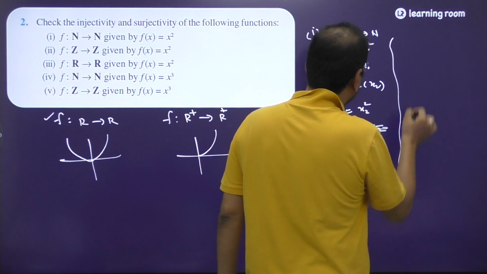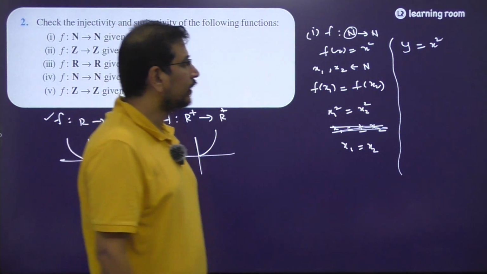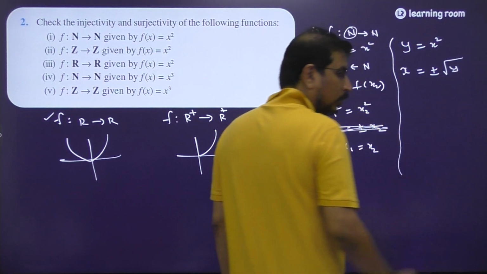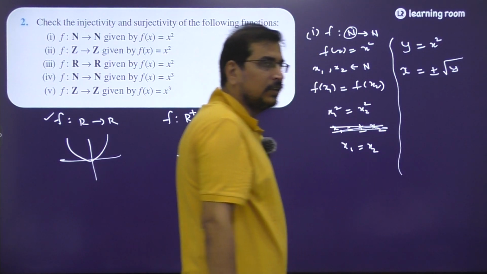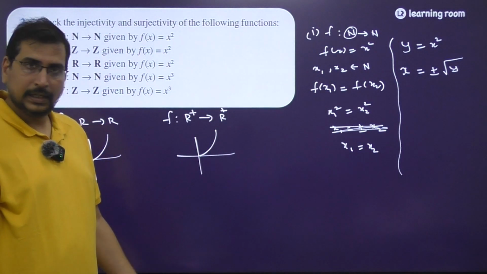Then what about onto? y is equal to x square. Then what will happen to x? x is equal to plus or minus square root of y. So in the place of y, what are you supposed to plug in? Natural number. And what is expected? Natural number.